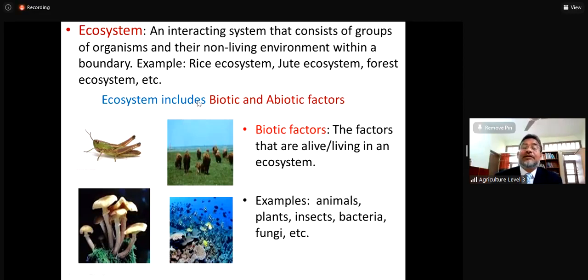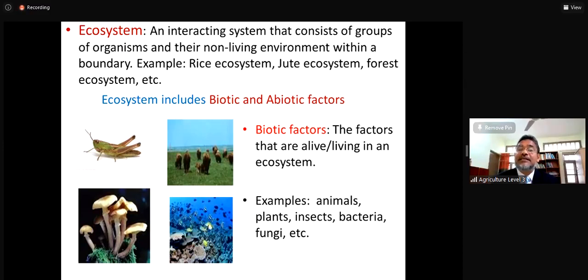ecosystem এর মধ্যে there are two factors. One is biotic, another is abiotic factors. So there are two factors in the ecosystems or in the environment, we can say also. There are two broad environmental factors. Biotic factors are living factors.